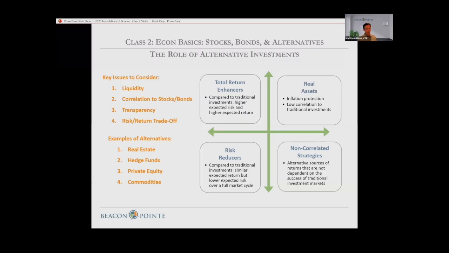Well, of these four, real estate, hedge funds, private equity, and commodities, what fits best in there? I would say private equity probably fits best in that particular square. Real assets, one reason why you might add real assets to a portfolio is because oftentimes real assets move up with inflation.